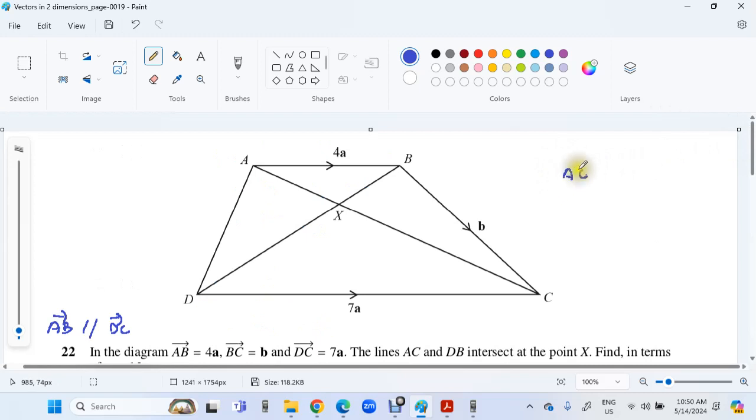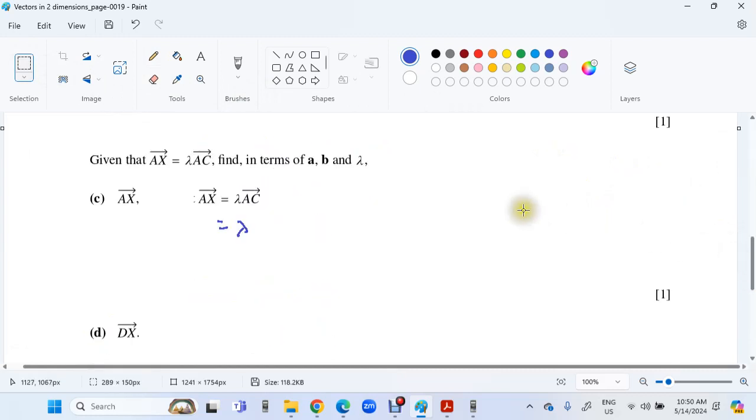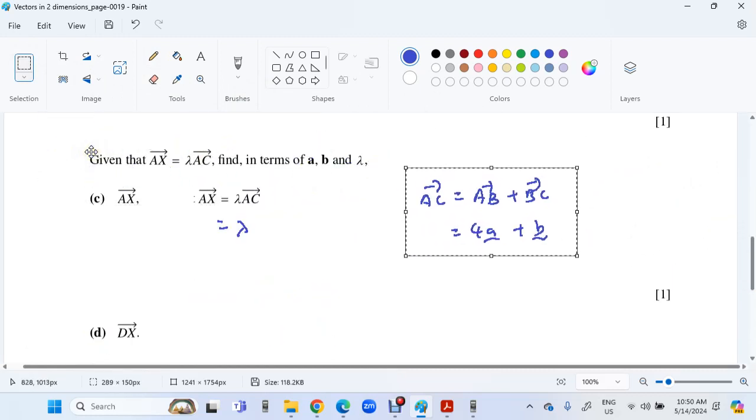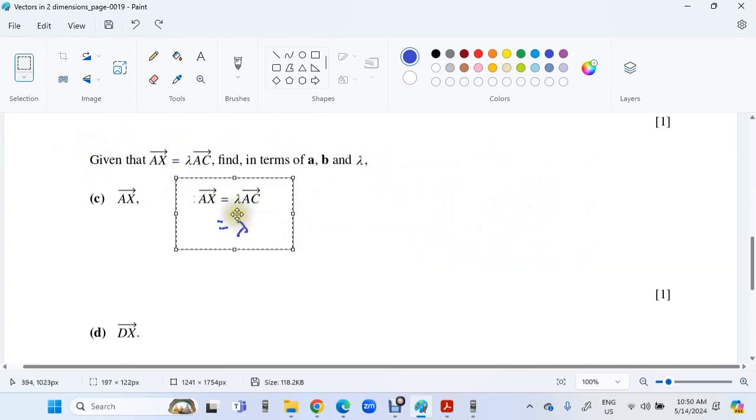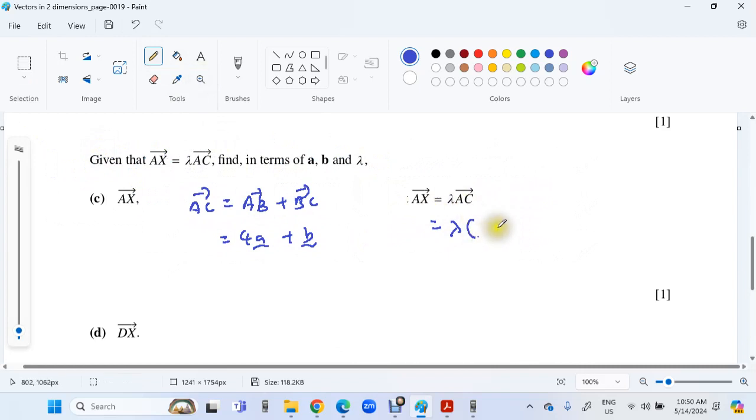AC is from A to C, that is A to B plus B to C. It is 4a plus b. So this will be AC. So we have lambda of AC, so it will be lambda of 4a plus b. Then I have 4 lambda a plus lambda b.